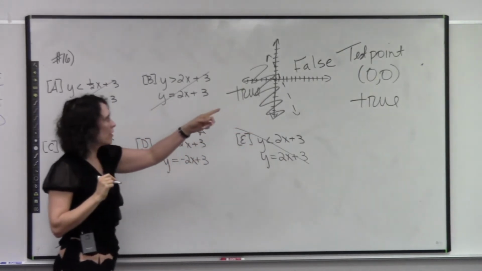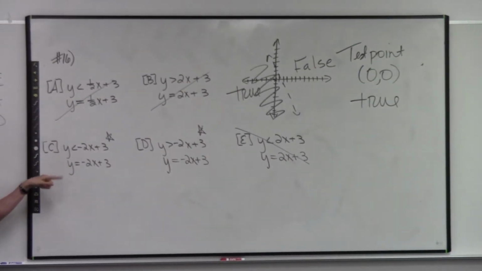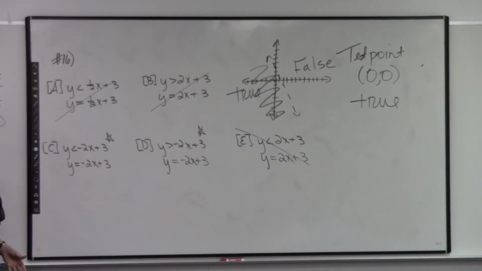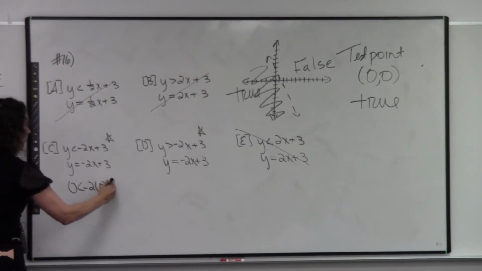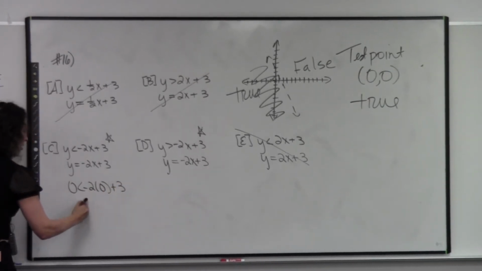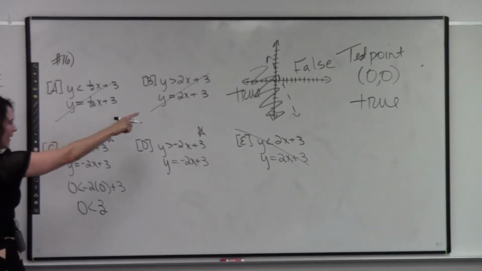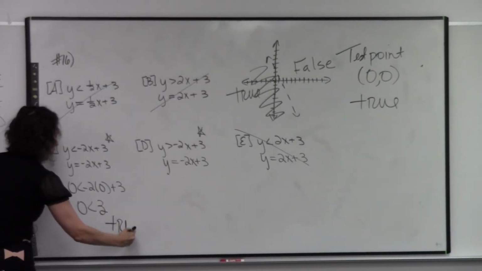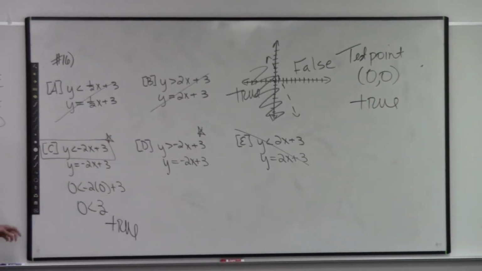We're using 0, 0, so it has to be true. Let's plug it into the part that has the inequality, because that's what we're testing. So is 0 less than 3? Yes. And what did we say it had to be? True. So this would be our answer.